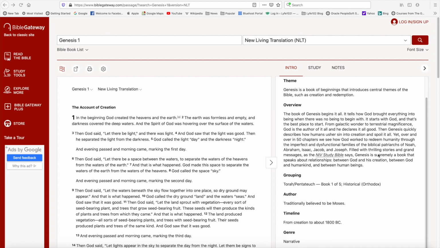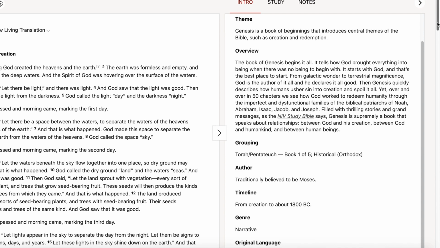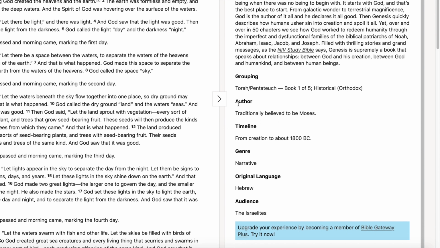Here it tells us that Genesis is from the grouping in the Bible, the Torah or Pentateuch, which is the law. It's historical. The author, Moses. The timeline that Genesis covers is from creation to about 18 BC.